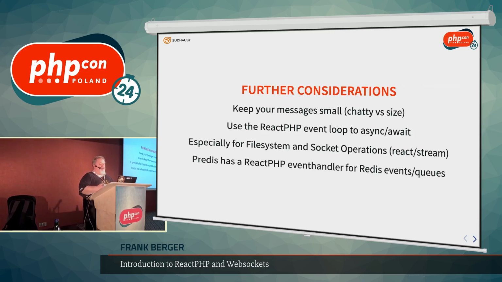Redis has a ready-made event handler for ReactPHP, where you can add queues, PubSub queues, like RabbitMQ, stuff like that, to send events into the React server. This is the way if you want, for example, the possibility that an admin console or a web page or something like that needs to send something into the chat or into the WebSocket application.